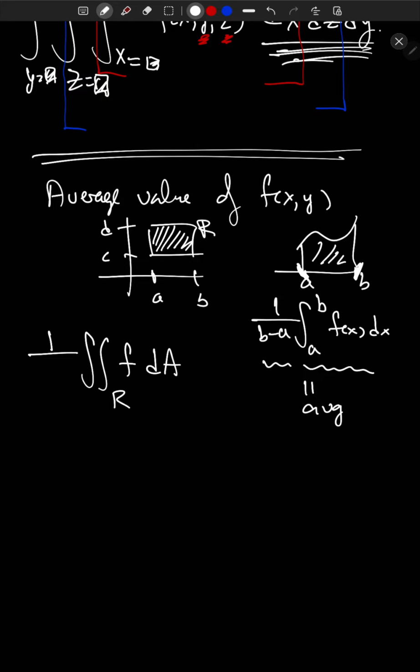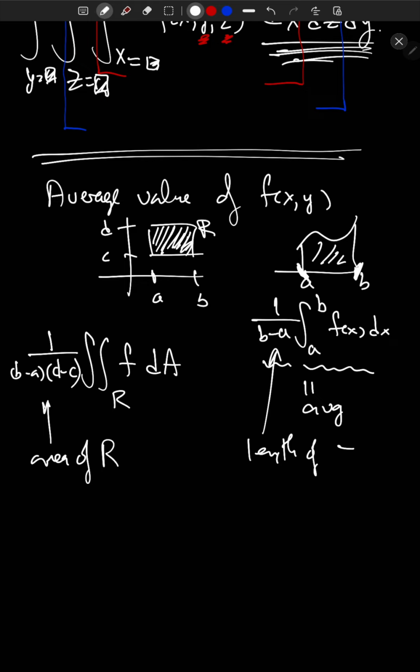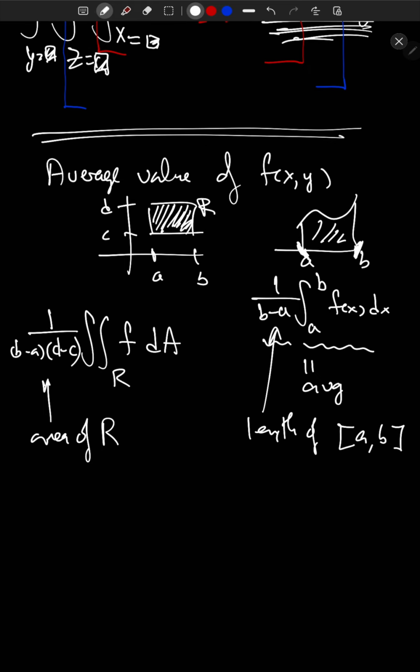Now I have to divide by the area of the region I'm integrating over. So it's going to be b minus a times d minus c. Okay, so this is just the area of R, and this b minus a was the length of a comma b. And of course you can imagine in the three variable calculus case, what's going to go in front is the volume of the region that you're integrating over.